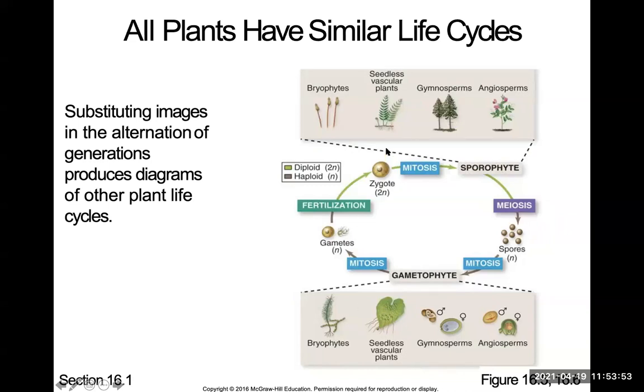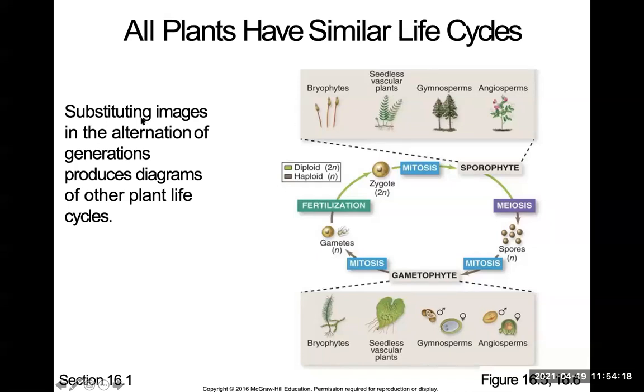So we're going to tweak this life cycle, the alternation of generations, for bryophytes and seedless vascular plants, and that's it. We're now going to do gymnosperm and angiosperm life cycle. So those are the ones we will be substituting for. I'm going to go in detail for bryophytes, and then I'll go in detail for the seedless vascular plants.